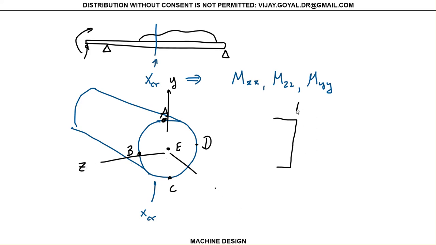What we know in the problem is these are my positive moments, your V, and you have your axial load, and also you can have a torque. So we're going to study what happens for each one of these cases, one point at a time.